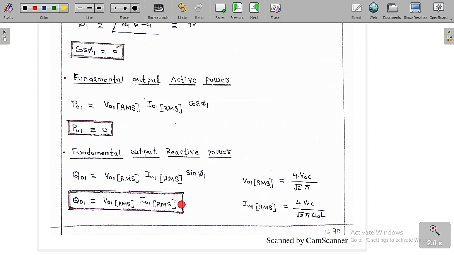To find these values, the RMS value of the fundamental component of the output voltage, just now we have figured out, is 4 VDC by root 2 pi. Similarly, the RMS value of the fundamental component of the output current is again 4 VDC by root 2 pi omega naught L. These you can get from the expressions of the output voltage and the output current.